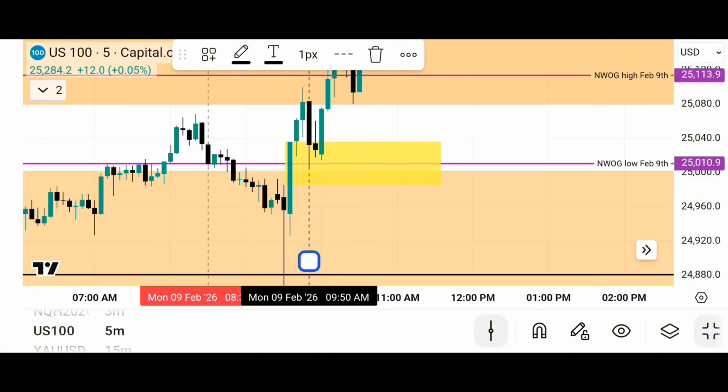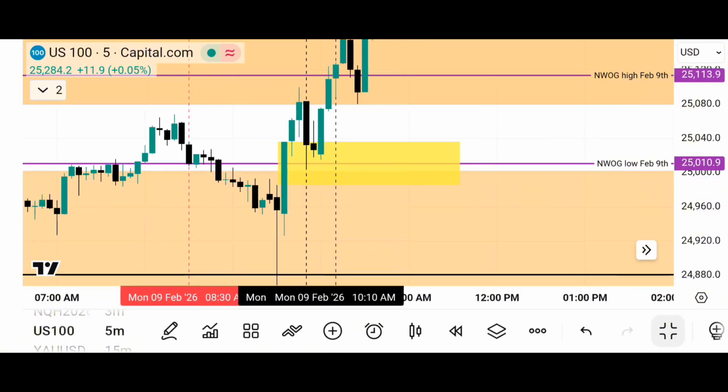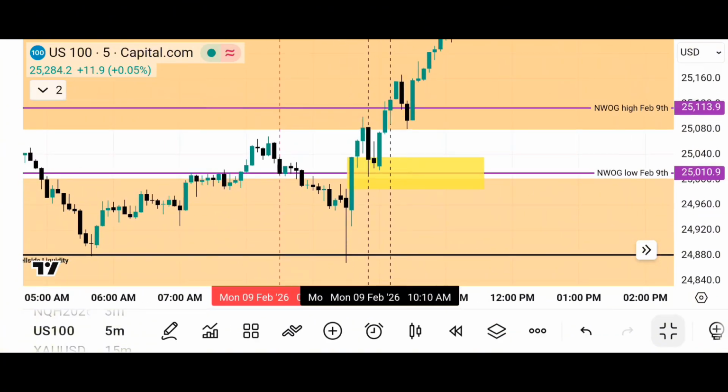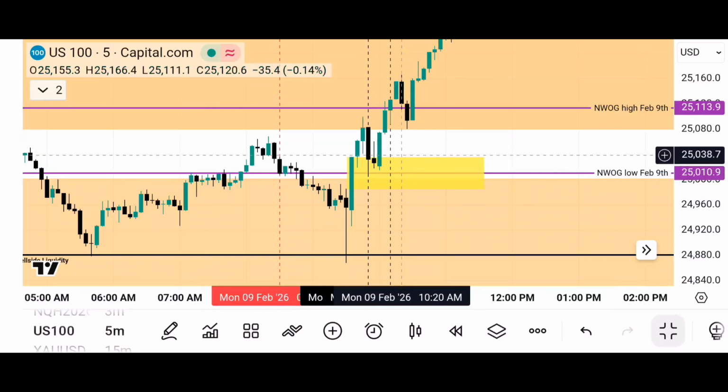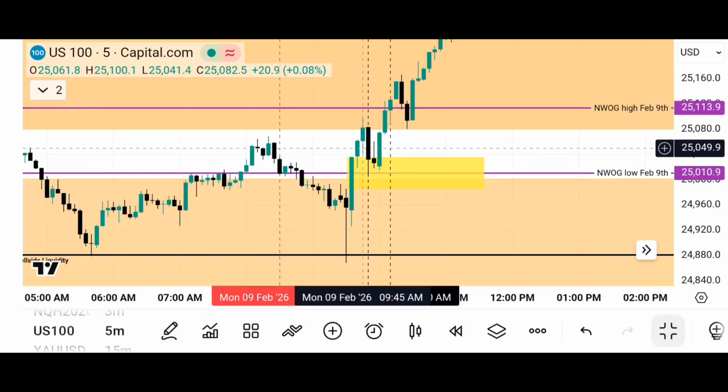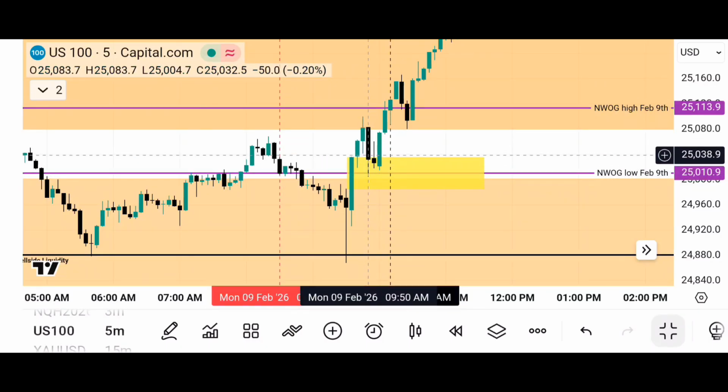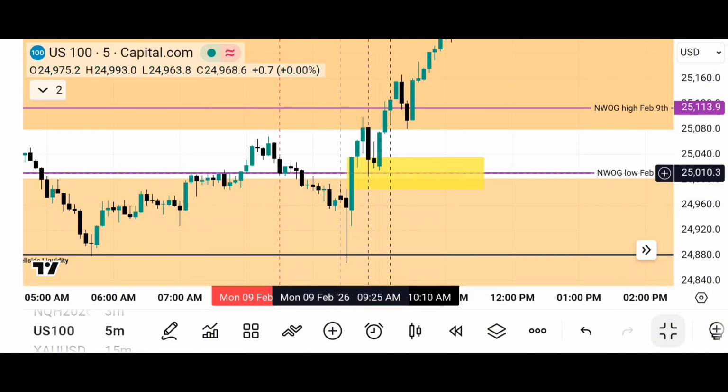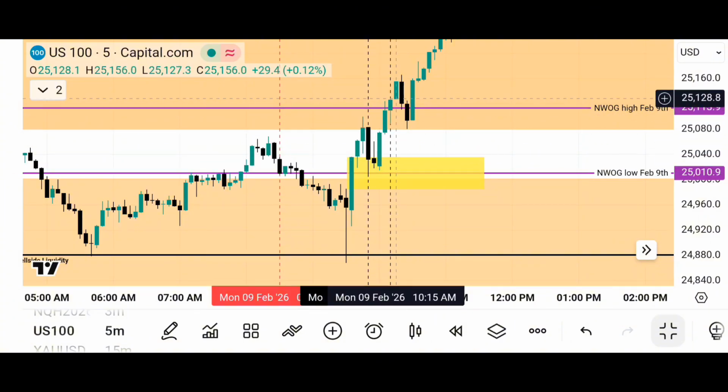So 10:10. That's it. If you take notes, exactly at the start of the New York AM session macro, 9:50, this particular candle right here, that was when price traded down into this 5 minute fair value gap. And before 10:10, price had already started rallying up.